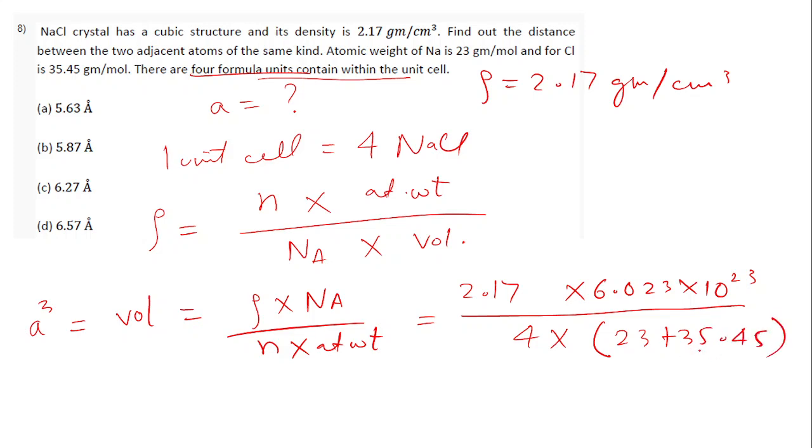23 plus 35.45 gram per mole, and 1 mole has Avogadro number of atoms in it, so this is taken care of.